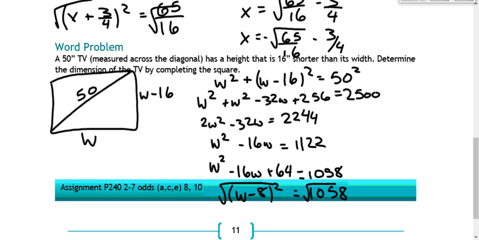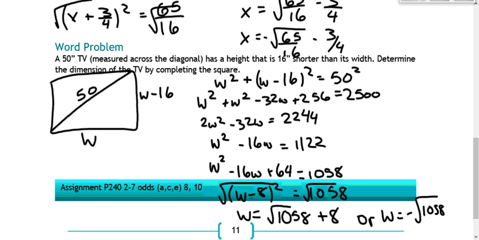And then w is equal to either the square root plus 8, or w is equal to negative square root plus 8. This one produces the positive answer, so the other one is extraneous.